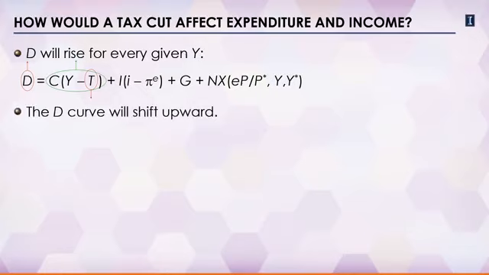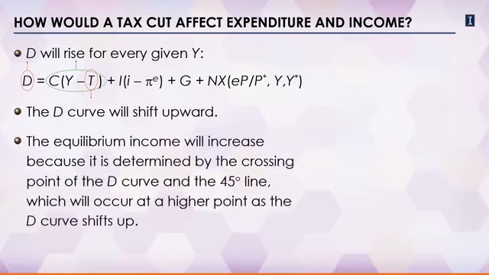One can also do this graphically. The whole D curve shifts up, and the crossing point of the D curve and the 45-degree line should move up, raising the level of income.